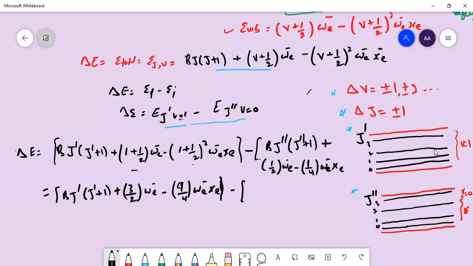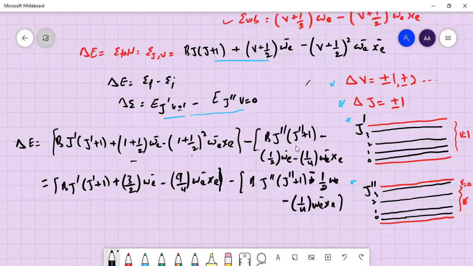Minus, this side we have nothing to do as of now, B J double dash into J double dash plus 1, minus 1 by 2 omega e bar, minus 1 by 4 omega e bar xe. So this is the equation.